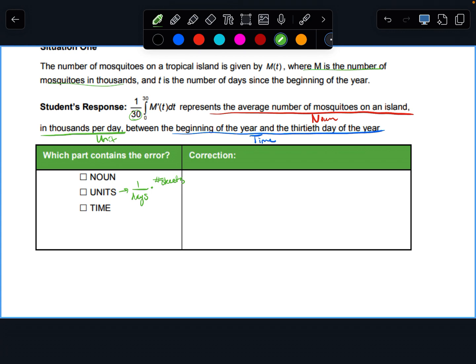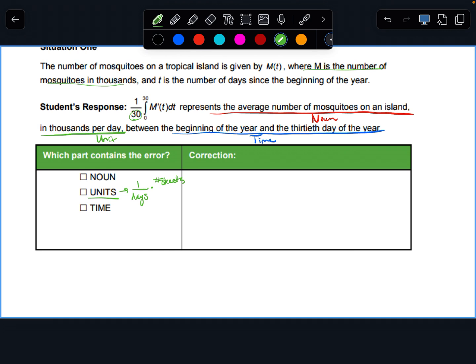All right, so we're in thousands per day, so we've got skeets per day. So the units are fine. Now they're saying average number of mosquitoes on an island. Well, we're doing skeets per day, so why would I say that's the average number?